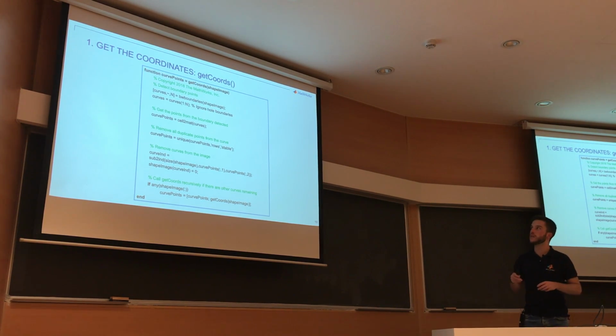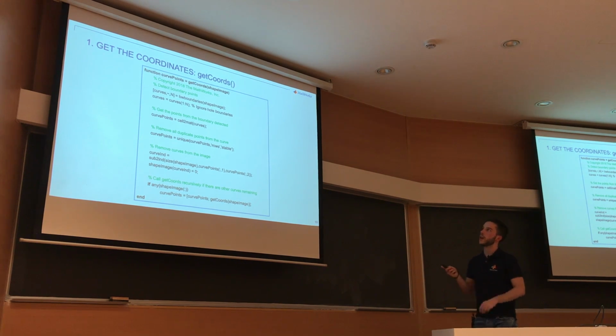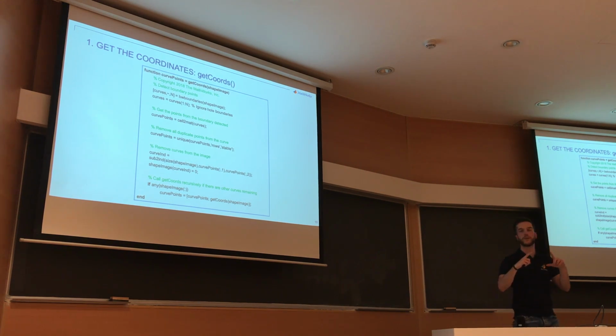So I find the boundaries inside the image, and I extract these boundaries inside this matrix, curves, and the number of boundaries. In our case, it will obtain the outer boundaries of our matrix and the inner boundaries.